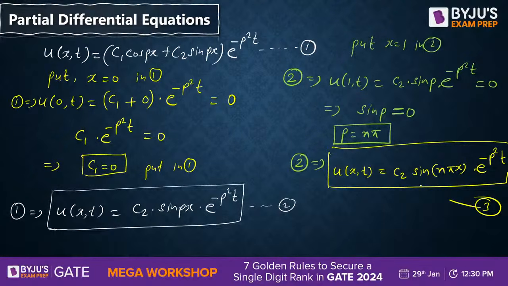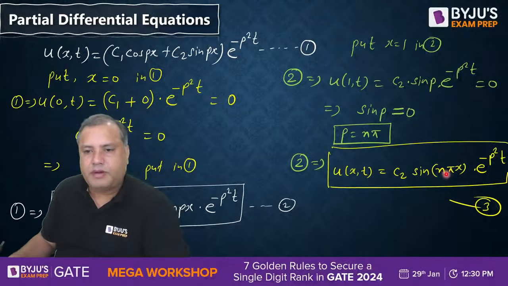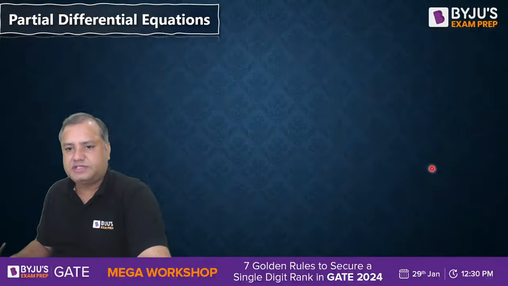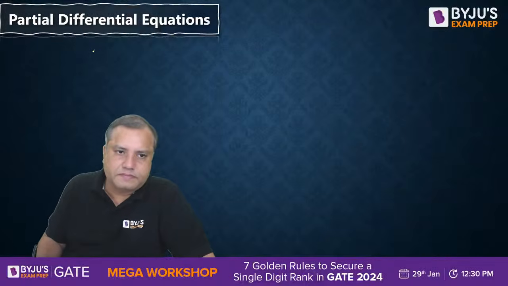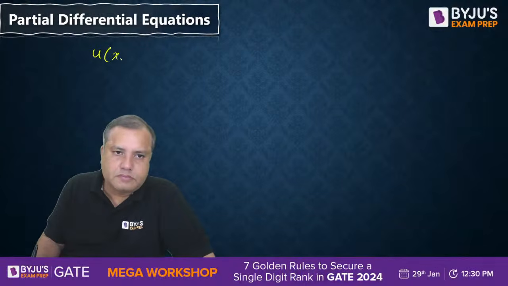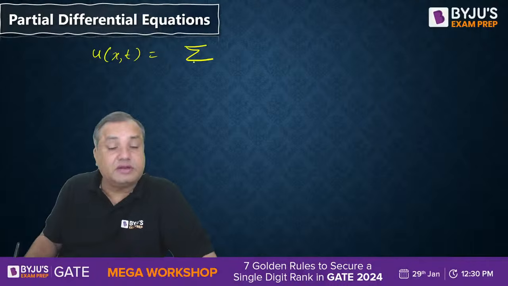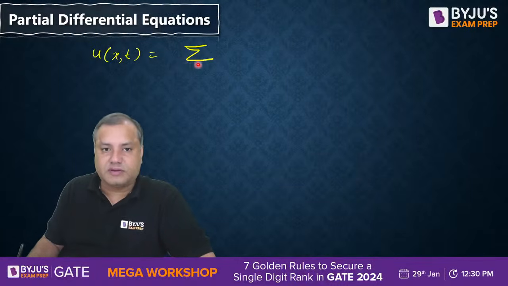Okay. Now we will apply the third condition. But before applying the third condition, I am reconsidering this u of x comma t and writing it in a summation, believing that there may be more than one term.